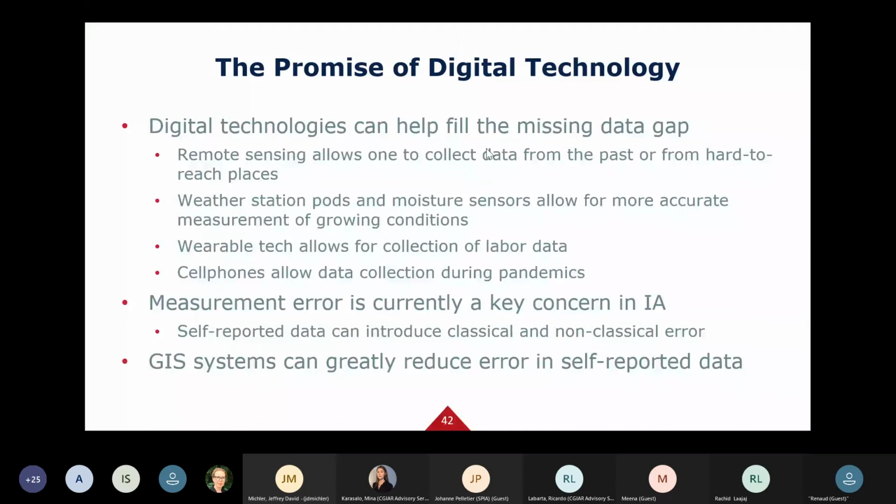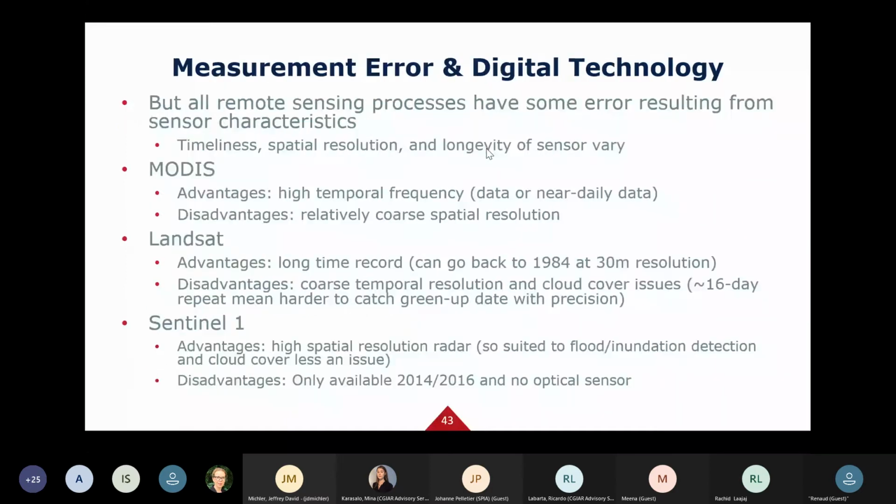The inverse farm size productivity hypothesis seems to have been only an artifact of bias from non-classical measurement error. So GIS systems, handheld devices, crop cuts, things like that, can greatly reduce the error in self-reported data.